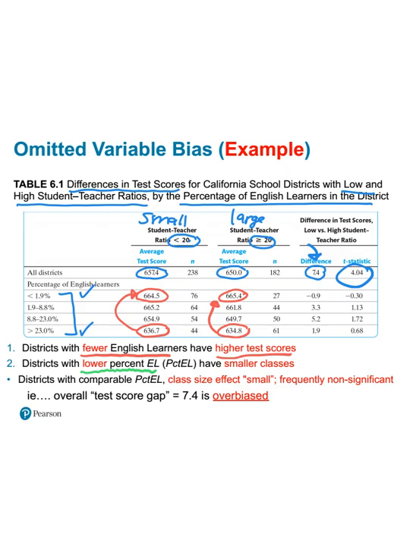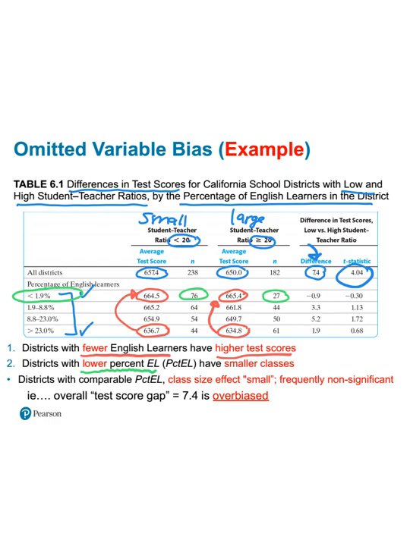So is it true here that when the ESL percentage is relatively low, let's say that right there, that there are more classes that are small? Well, here we have 76 small classes versus 27 large classes. So that rings true.